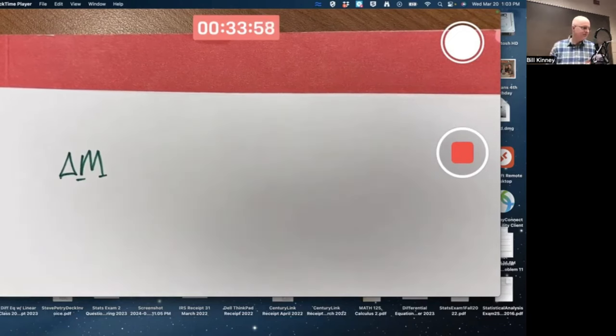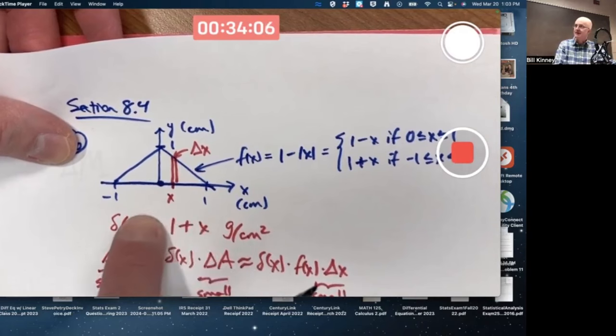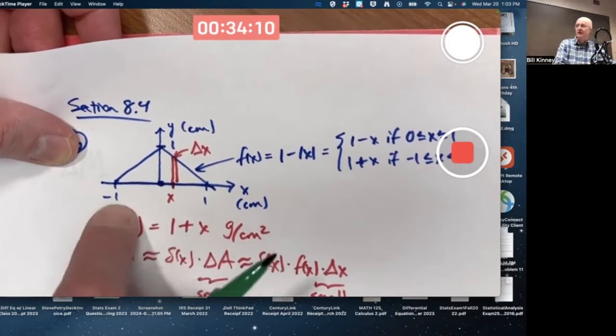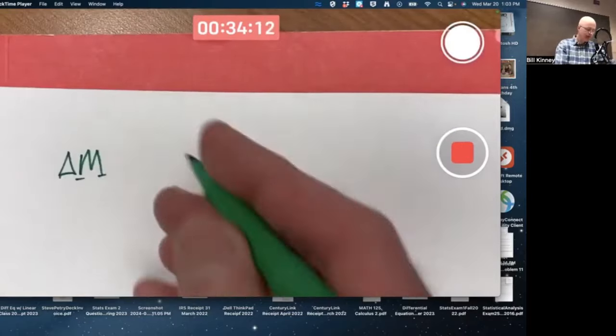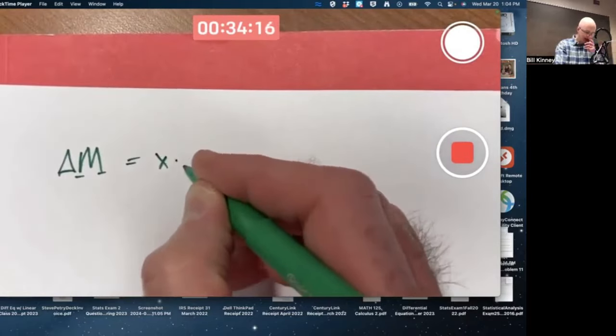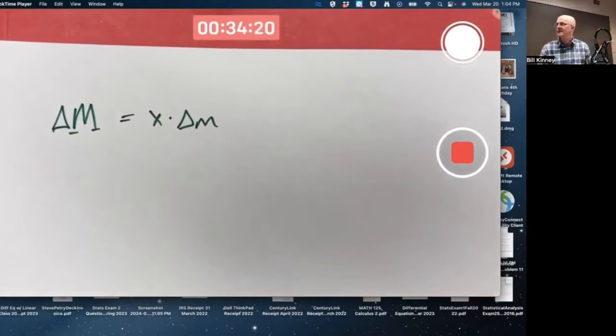The moment of this thin slice in the x direction would be its position times its mass. Position with respect to x equals 0: x. I drew it positive, but I could have drawn it negative. This is x times the mass, which is labeled delta little m. It's a small mass because it's so thin.